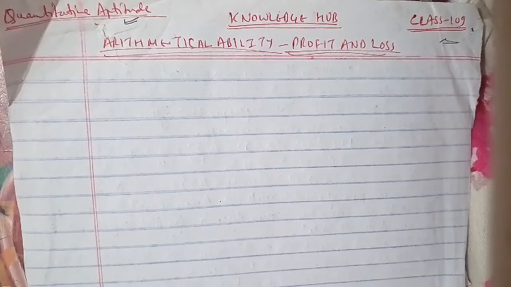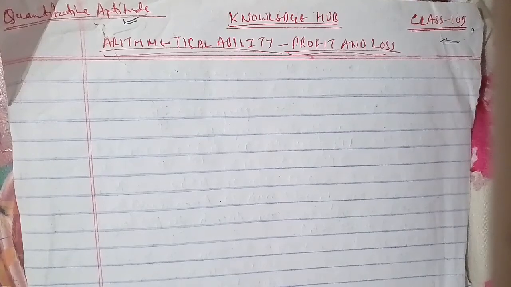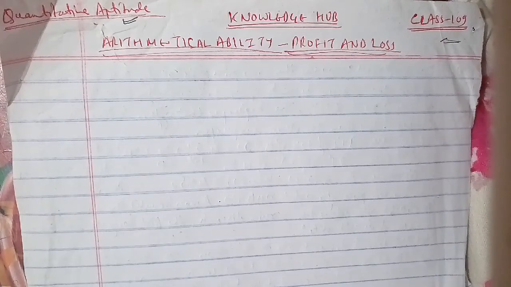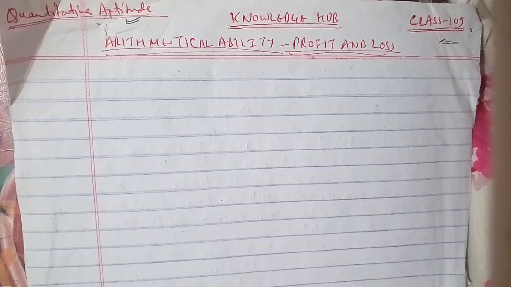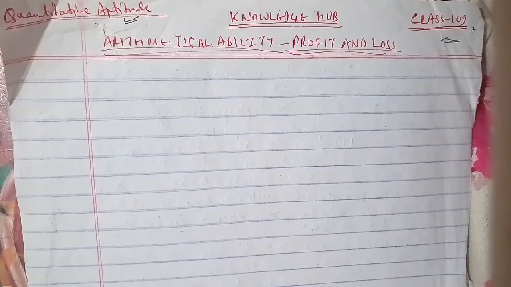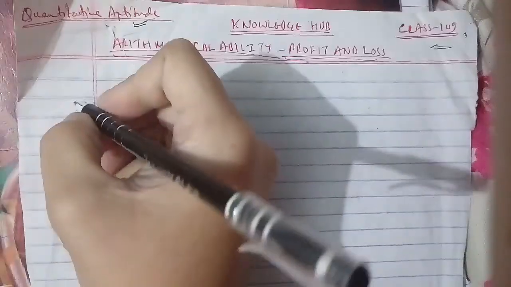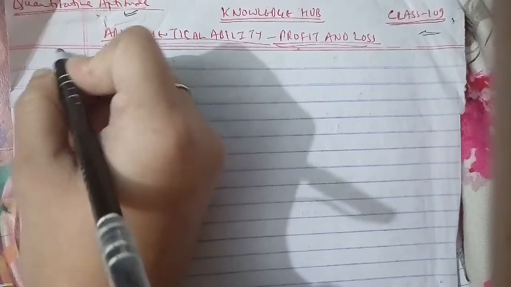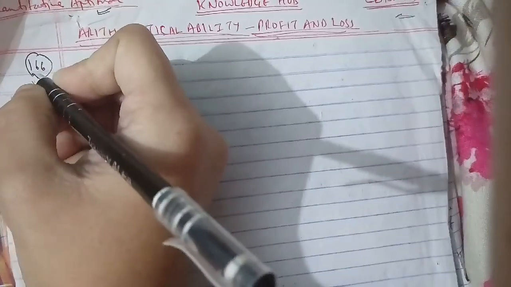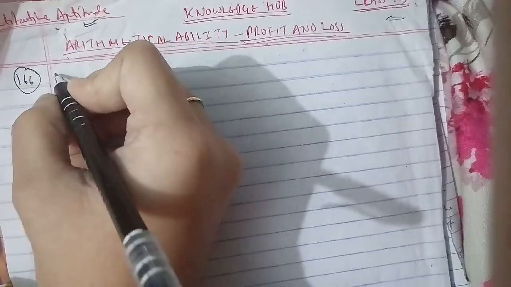The options are decreased by 5.3%, increased by 3%, increased by 5.3%, and increased by 15%. So we go ahead with it. This is the 166th question of the session. The question is as follows.